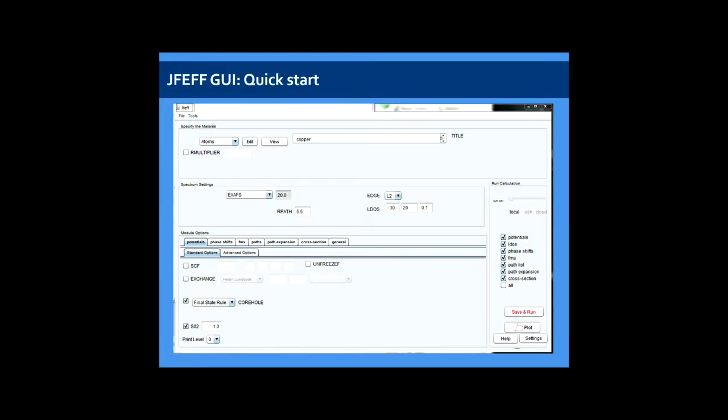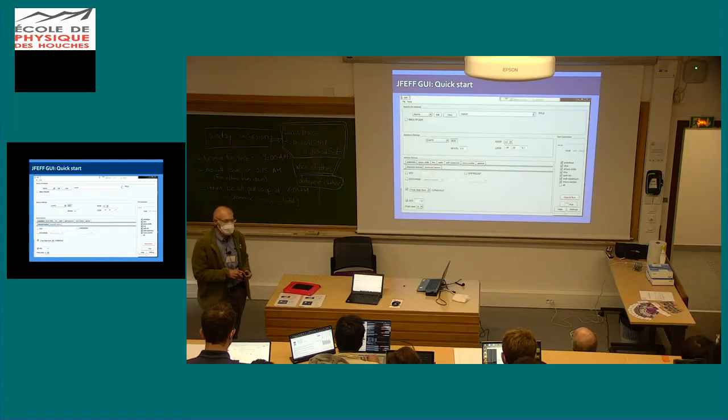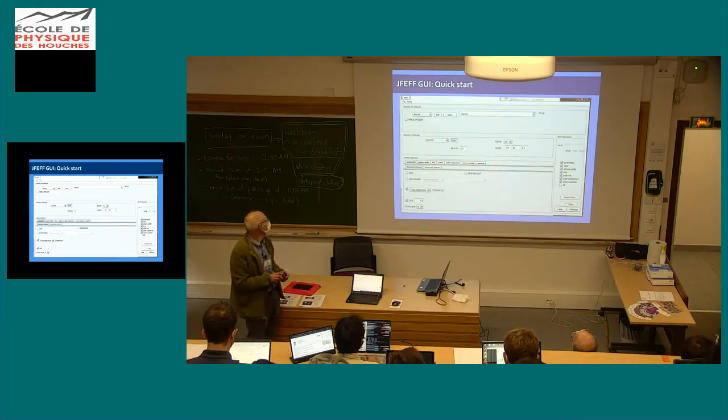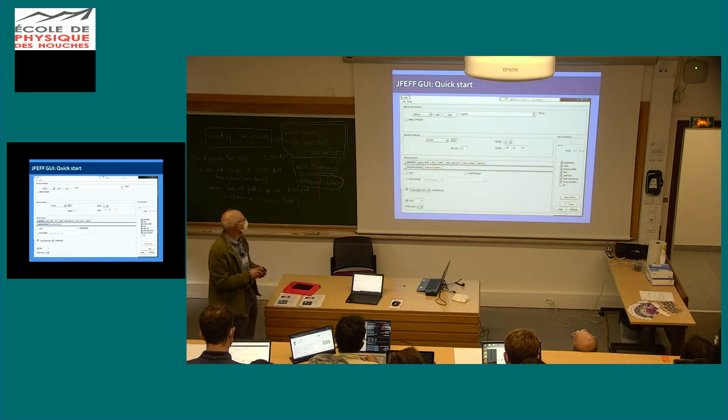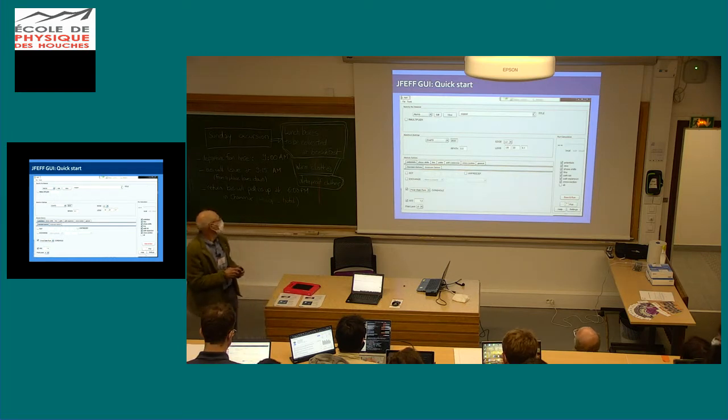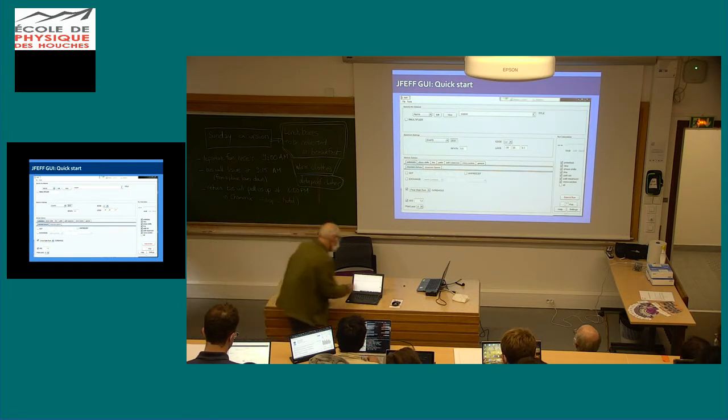Okay, so this is what you want to get to, and you find this graphical interface, which basically has all the defaults and input variables that one needs to run a calculation. I'm doing copper.